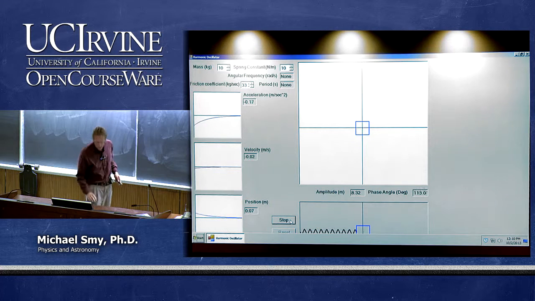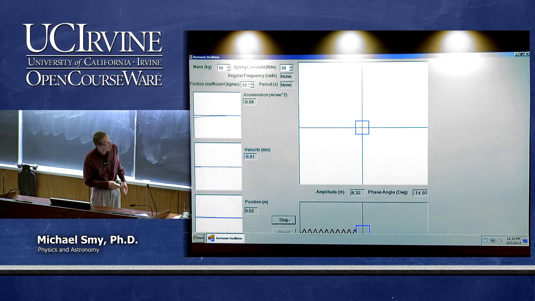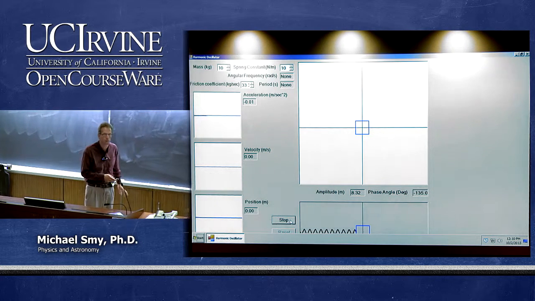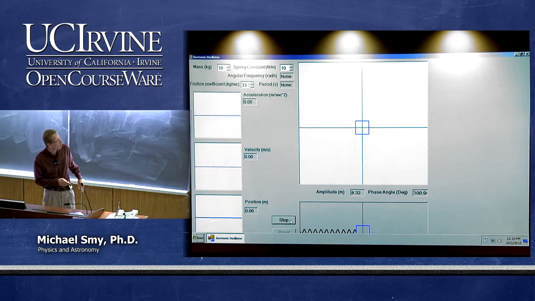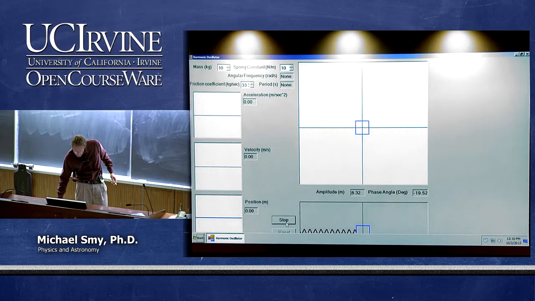So we have basically 3 different behaviors. One is oscillatory with an amplitude that goes down as a function of time. One where there's no oscillation at all, and then the limiting case between them.